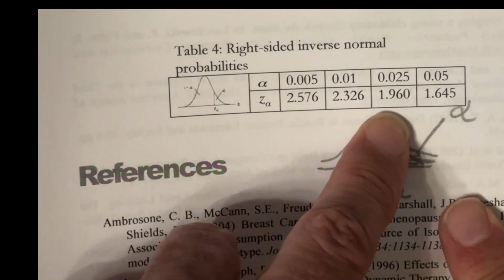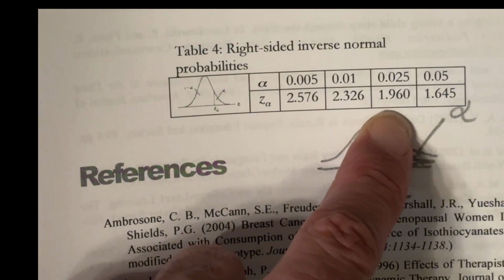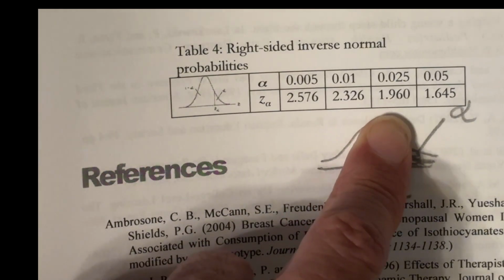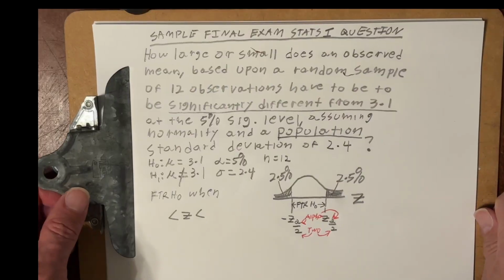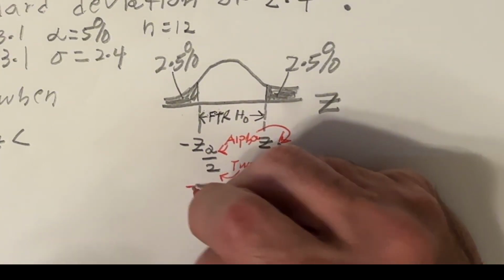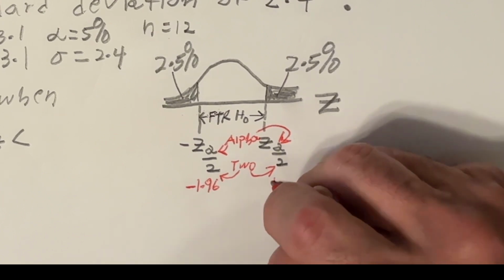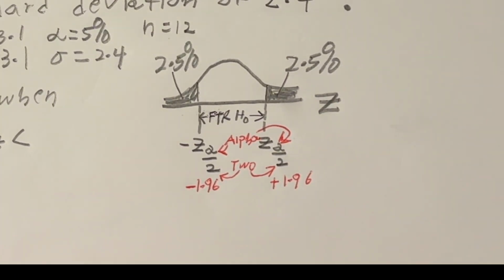And it tells us that our z sub alpha is 1.960. Now I'm not going to bother putting in the 0, I'm just going to write 1.96. So here we have negative 1.96, and here we have positive 1.96. And these are called critical values.